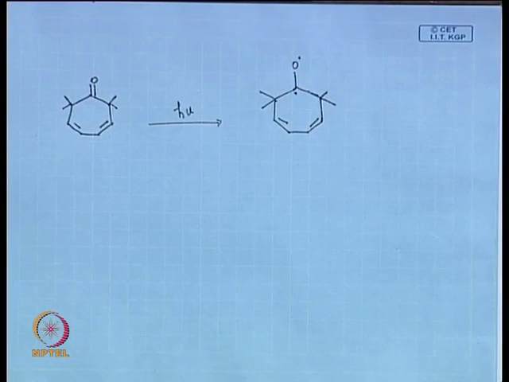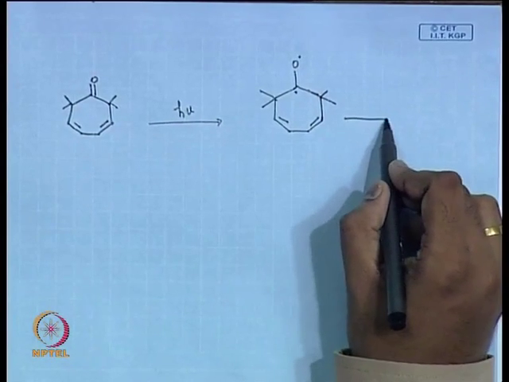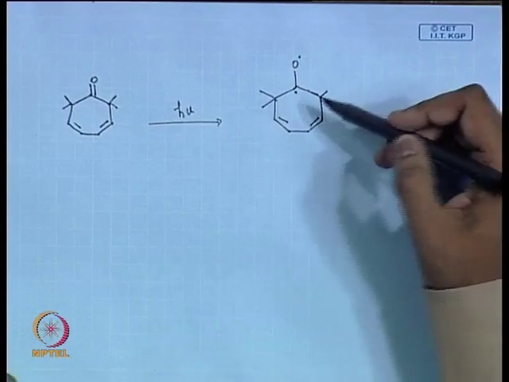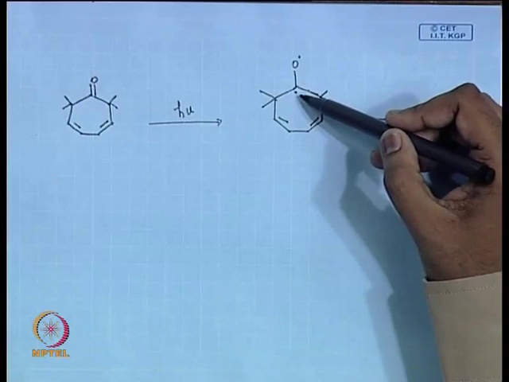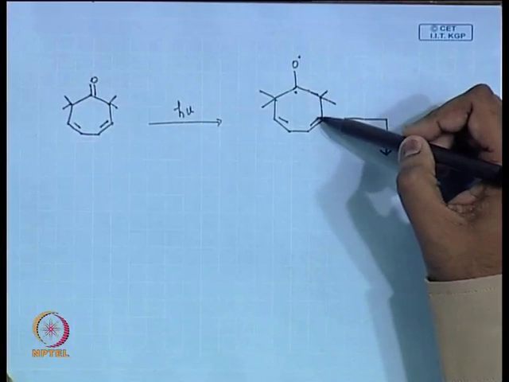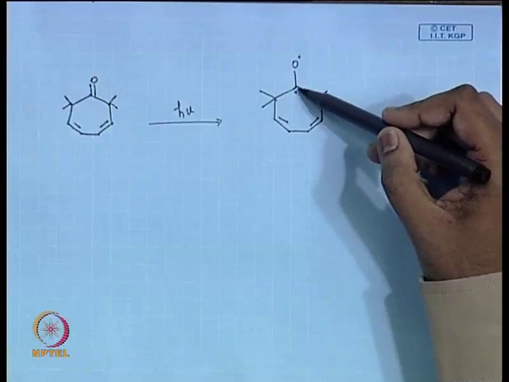Now what will happen? What can you think of? Yeah, it's again going to do an oxo-di-pi-methane. So I can take this radical, because you always cyclize, right, that is what you do in oxo-di-pi.